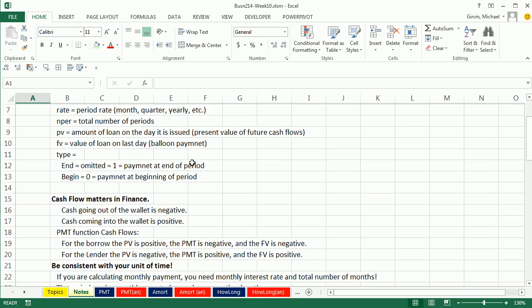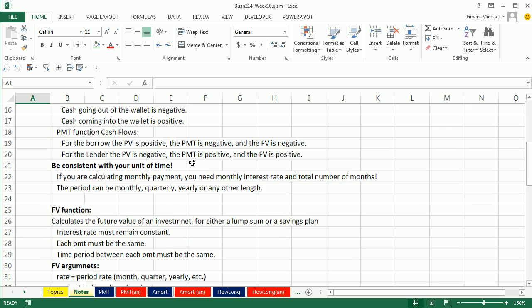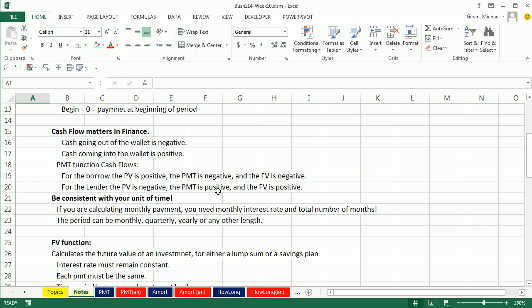The one finance concept that we'd like to kind of understand after watching this video is that cash flow matters in finance. Now, when you have a monthly payment on a loan, to you, that's cash going out of your wallet, meaning I'm writing the check and sending it to the bank. That's negative.